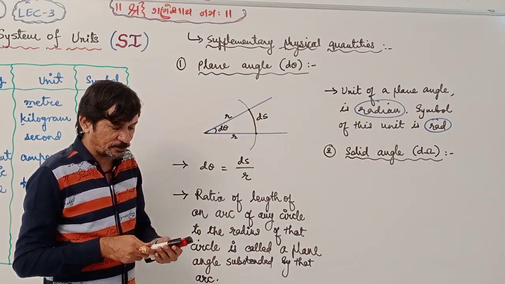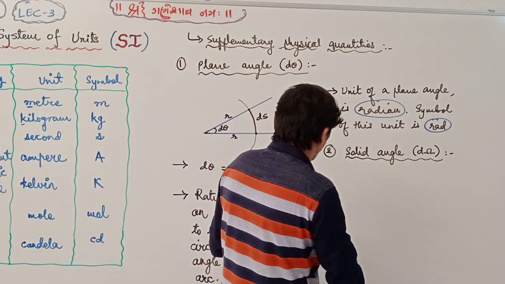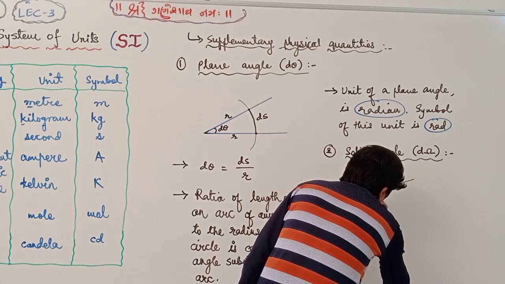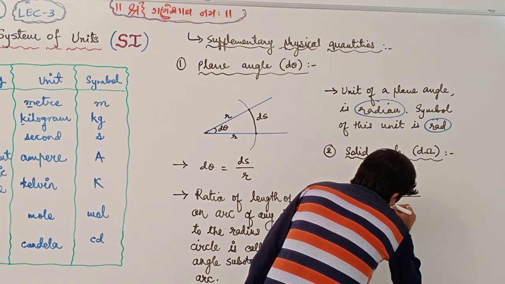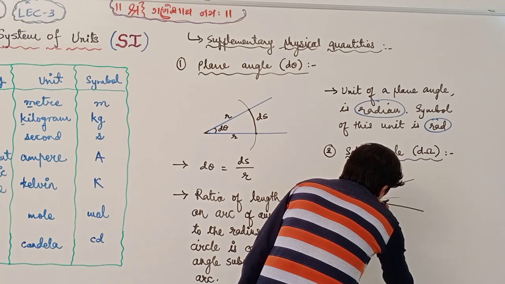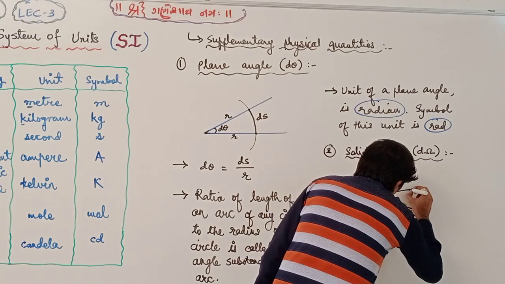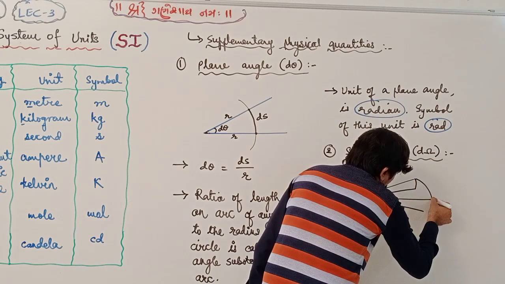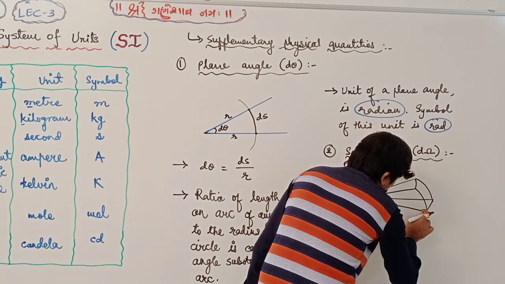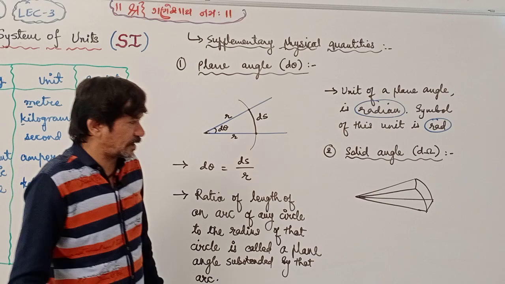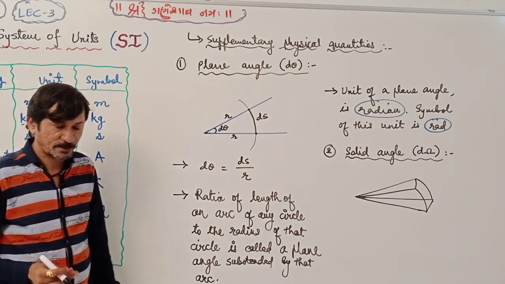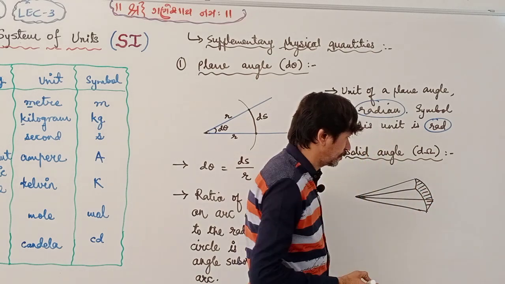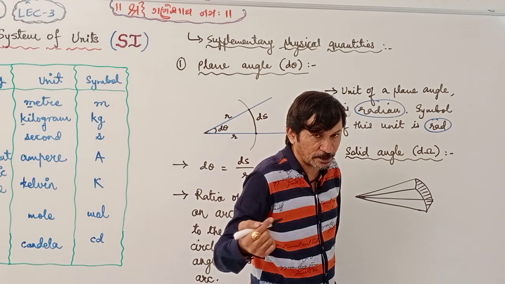I am trying to draw that angle. Here is a portion of that watermelon. Here is the surface area, that is either square or a rectangular portion.